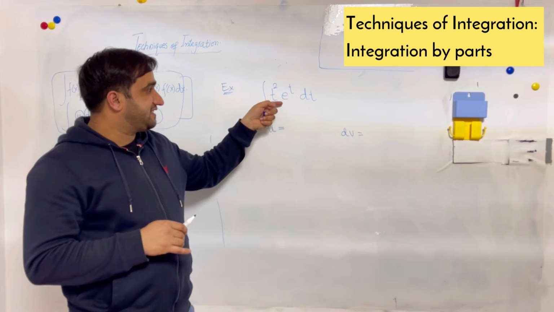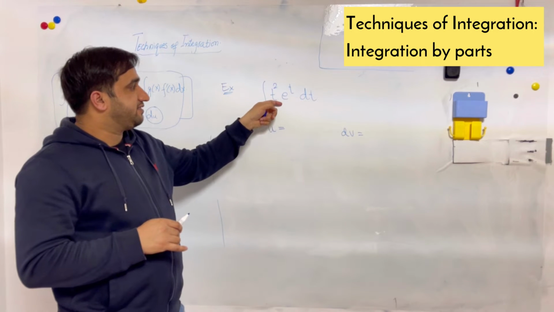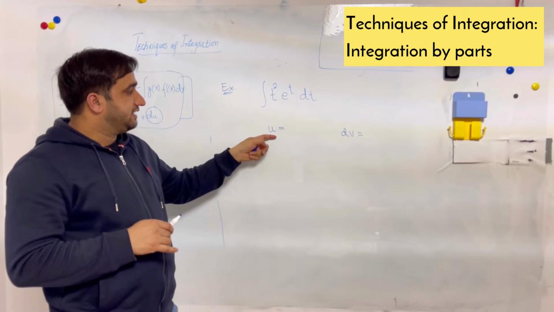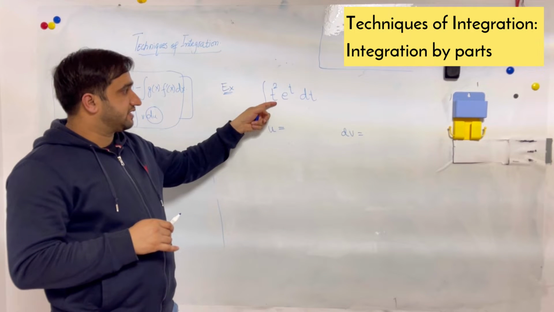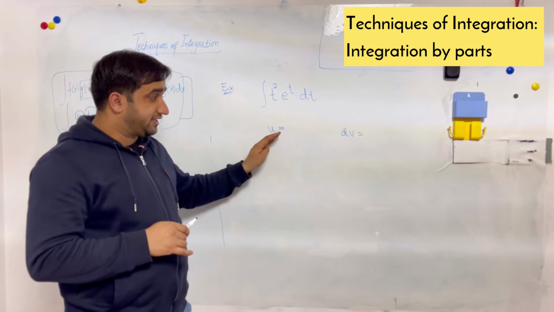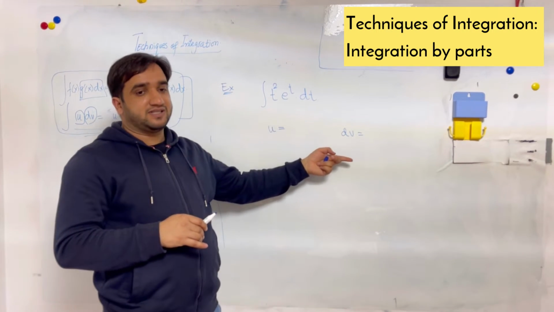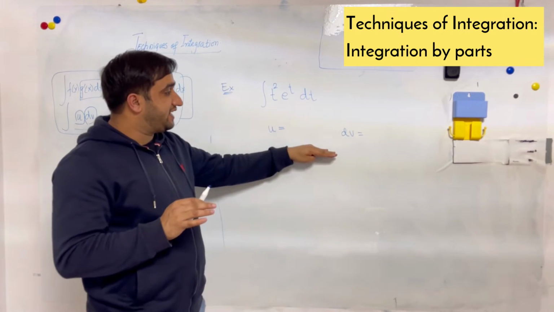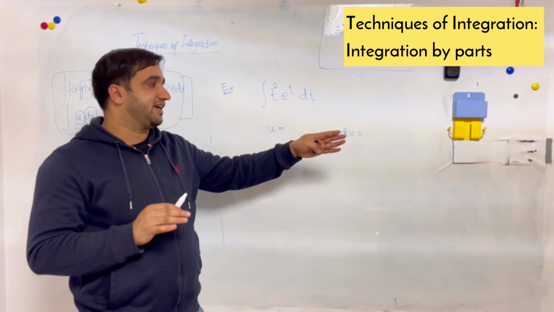It means the function is not simplifying, it is going forward. But if you take t square as u, then you will take the derivative of t square, and it will become 2t. It's not that the other way will be wrong, no. The only thing is the other way will be complicated, complex, more work has to be done.